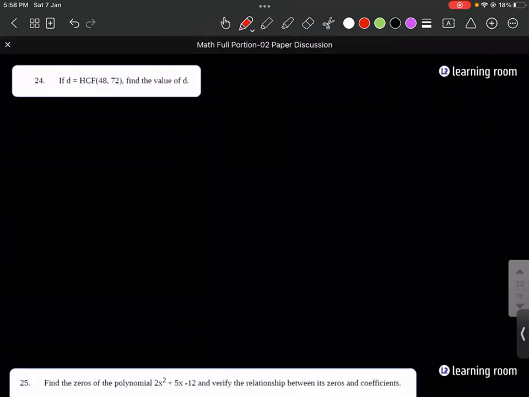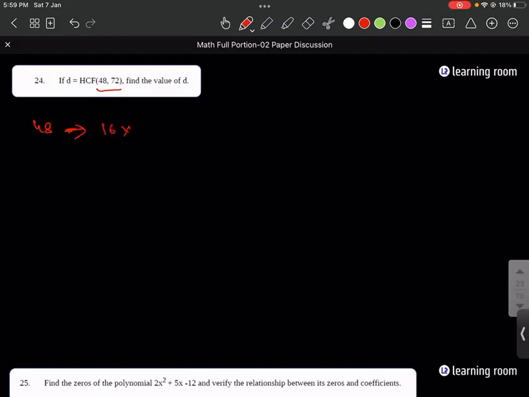If D is equal to HCF of 48 and 72, find the value of D. So for 48, if you do the prime factorization and write, how can you write it? You can write it as 16 into 3. So that is 2 power 4 into 3. Similarly, 72, how can you write? You can write it as 18 into 4, or you can write it as 24 into 3.